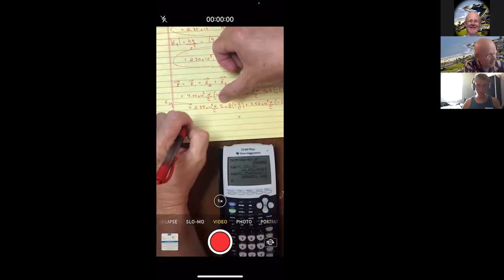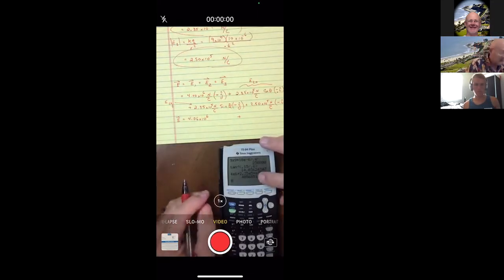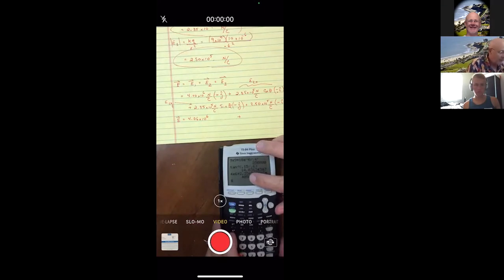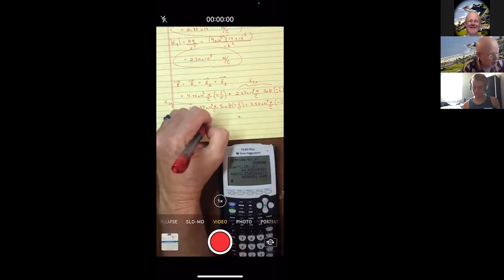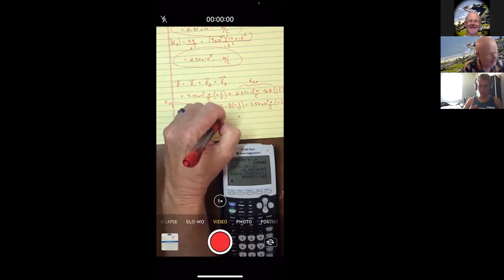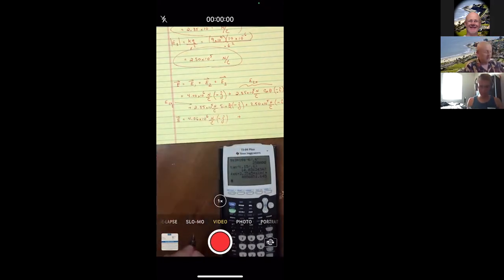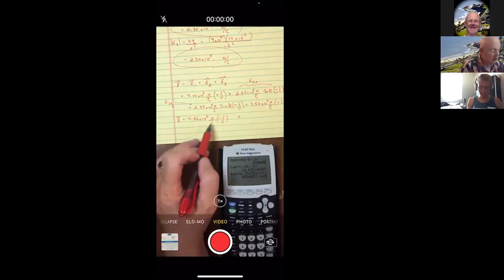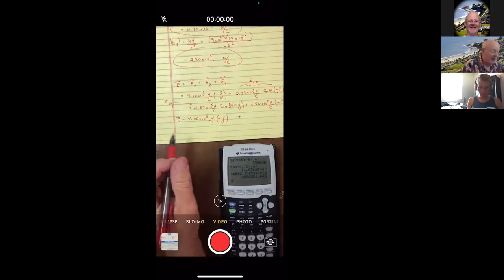So this comes out to be 4.06 times 10 to the, I believe that's a 6. 1, 2, 3, 4, 5, 6 newtons per coulomb in the negative j hat direction. Okay, so that's the total field going down.